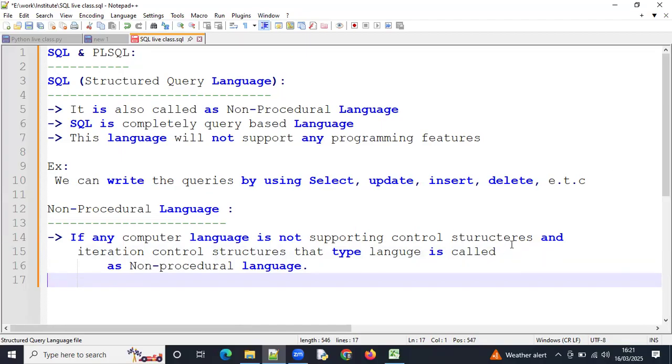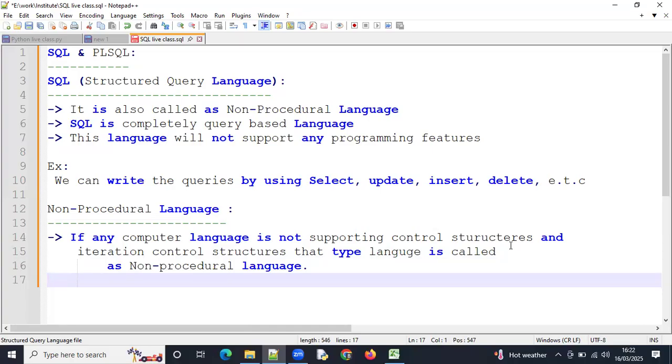Control structures are used to control the flow of execution based upon conditions. The conditions may be if else, or if then, or if then else conditions.